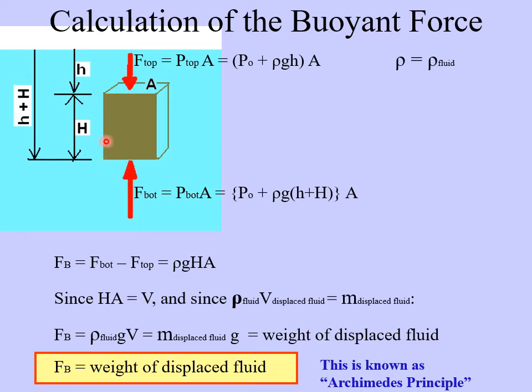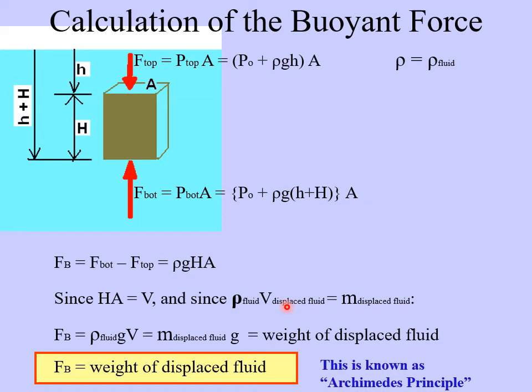Now, the height of the object, H, times the area of the object, A, gives us the volume of the object. Okay, so we can replace HA with volume. And another trick we can do here is that we know that the density of the fluid times the volume of the fluid that was displaced by this object is equal to the mass of the displaced fluid, because remember again, mass is equal to mass density times volume.